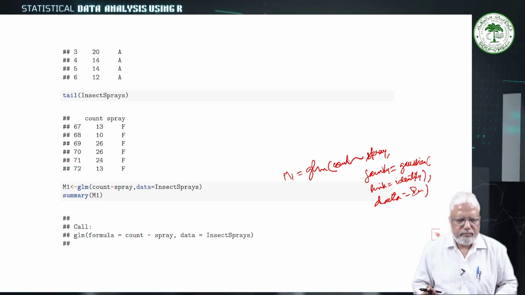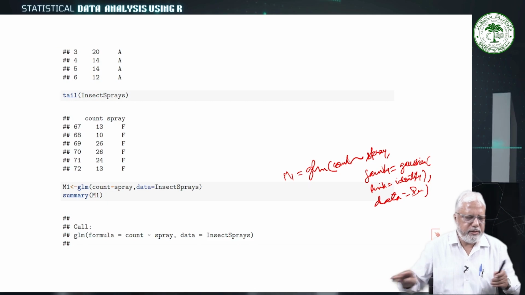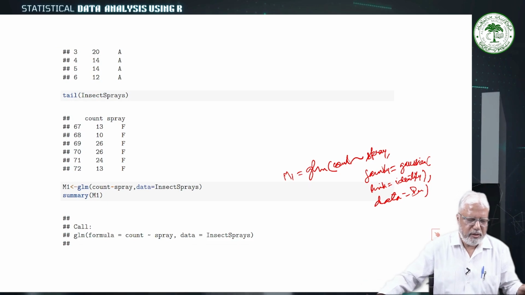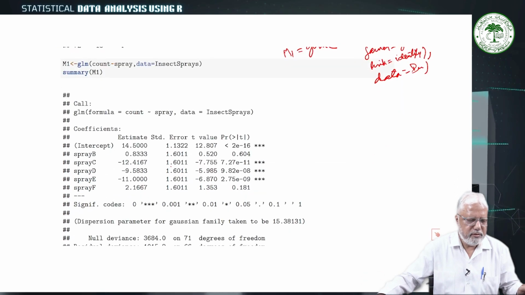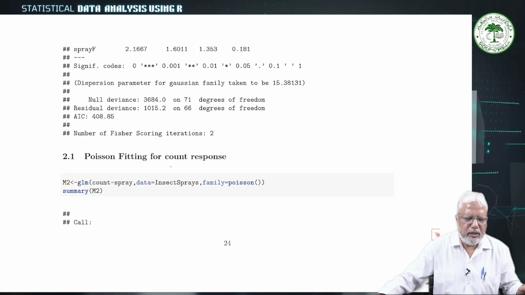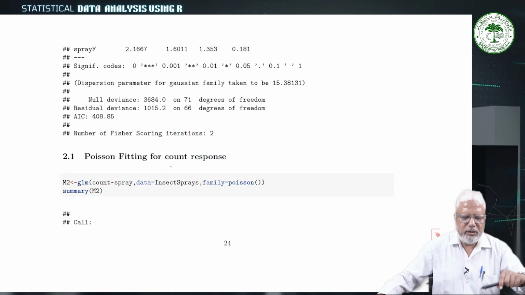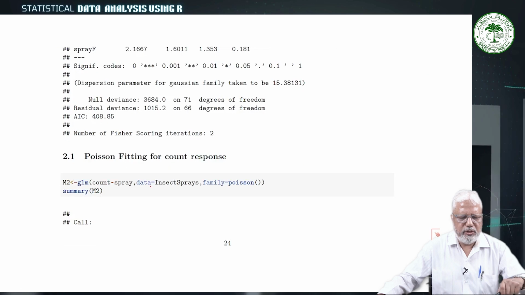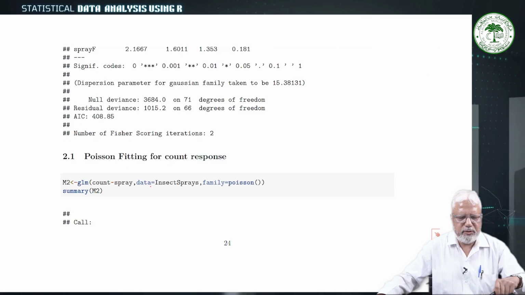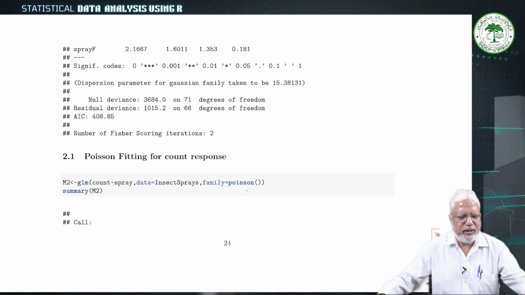Similarly, if we fit the Poisson regression model, because the data is in the form of counts, here data is equal to insect spray, count versus spray, and family is equal to Poisson.